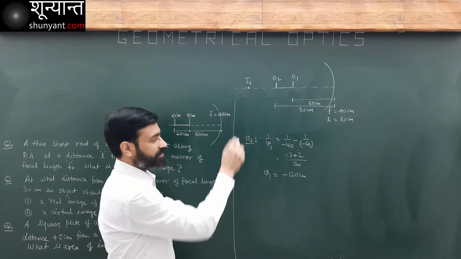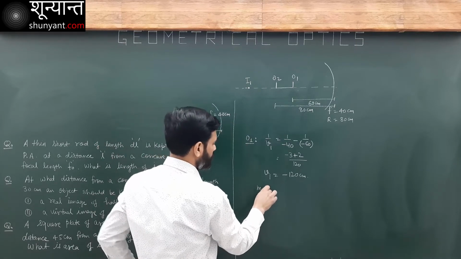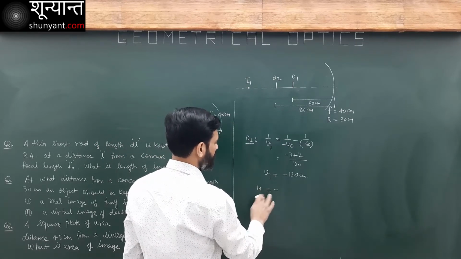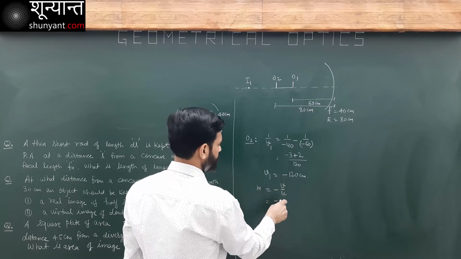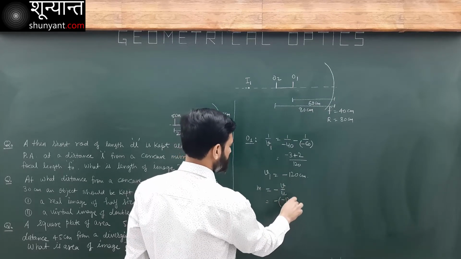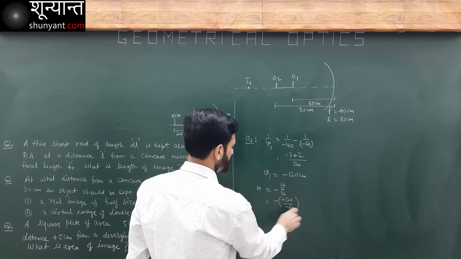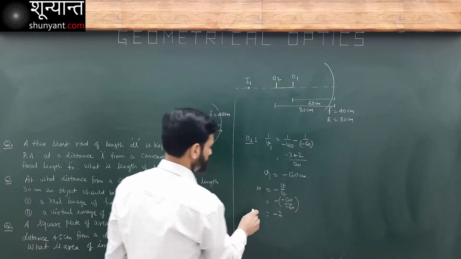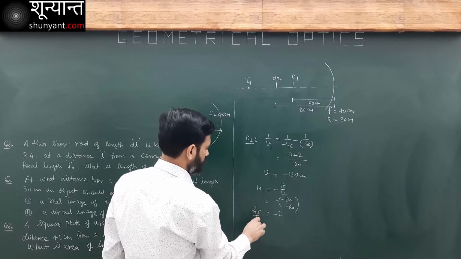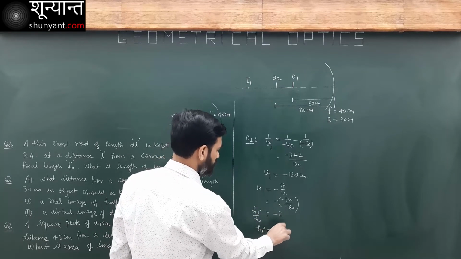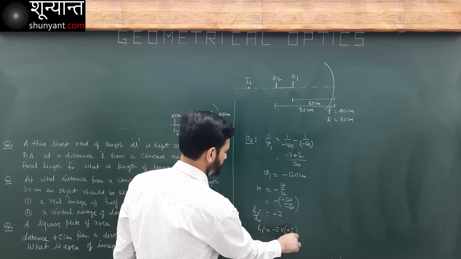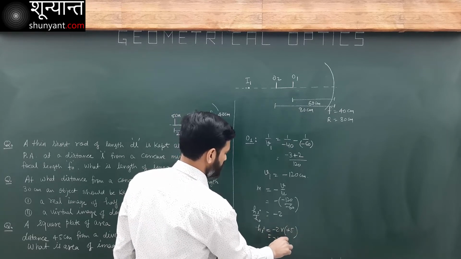What about its size? Magnification M1 is minus of V by U. It is minus of minus 120 over minus 60. I am getting minus 2. So height of image over height of object is minus 2. Height of image is minus 2 times plus 5, which is minus 10 centimeter.